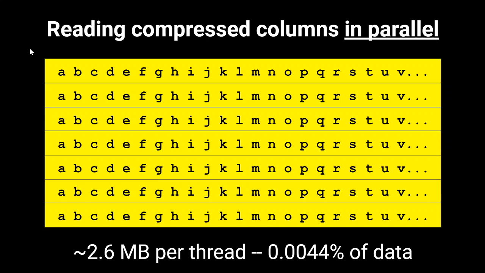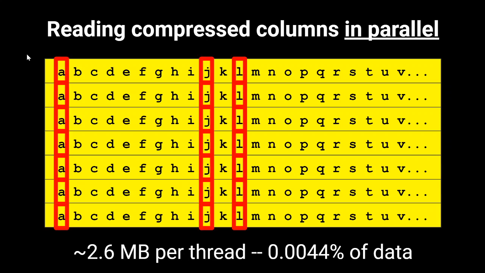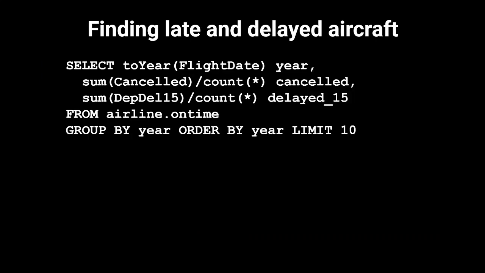In this particular example, we have 8 CPU cores available for use. So we're going to break the query up 8 ways. Each CPU will now only have to read and process 2.6 megs of compressed data. Let's have a look at how fast that is. It's basically instantaneous.